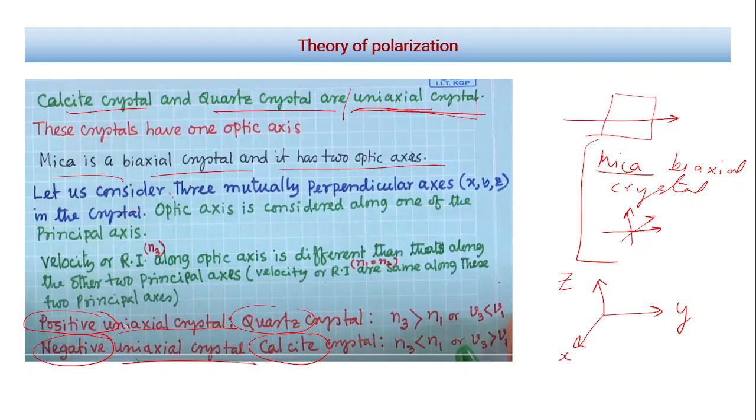For a positive uniaxial crystal, the refractive index along the z-axis, let's call it n3, is what we are representing as 3. Just to keep it clear, one of the directions we are calling the optic axis, so that's why we are calling it z.